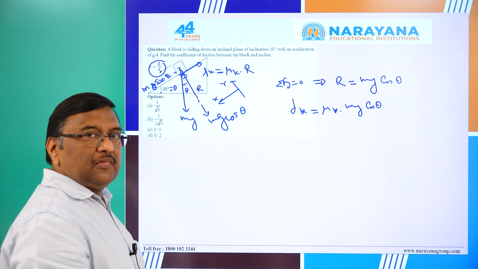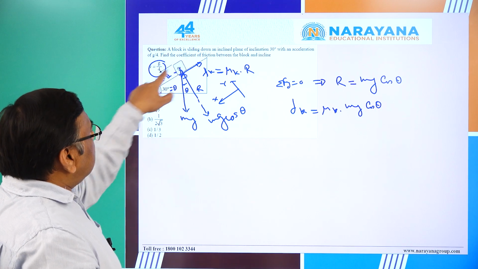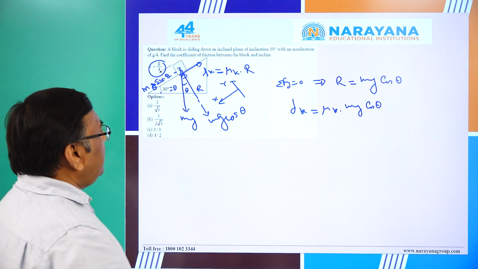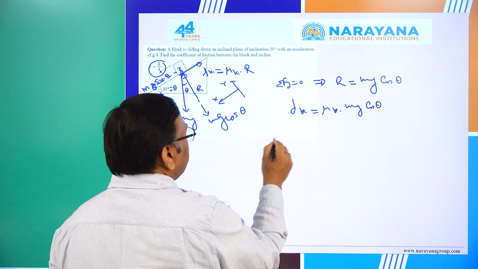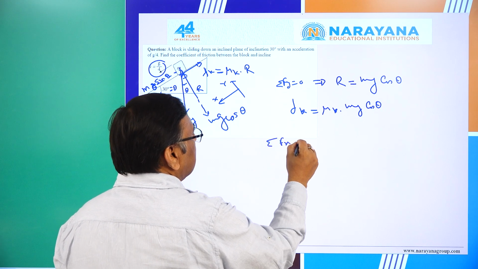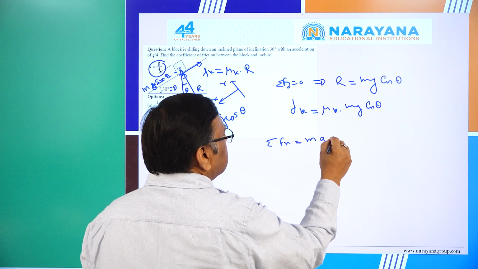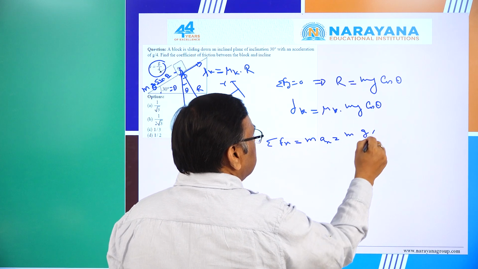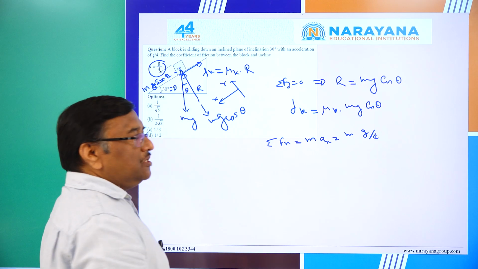That is one thing. In the downward direction, which we are considering to be the x direction, what is my net force? It is m into the acceleration in the x direction, given to be g by 4, so we can write it as mg by 4.